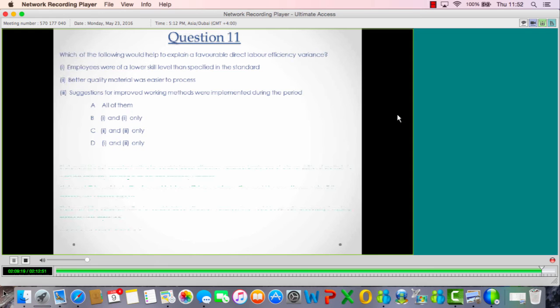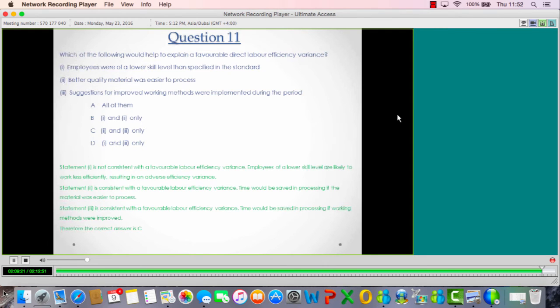Statement A is not considered with the favorable variance because employees with lower skills are likely to work less efficiently, resulting in an adverse variance. And better quality material, yes, they could process it efficiently, so that can be a favorable direct labor efficiency. And the third one, improved working conditions, would definitely result in favorable efficiency. So the answer is C.